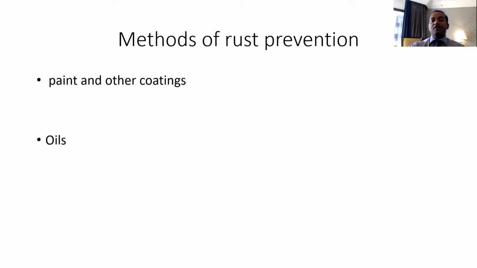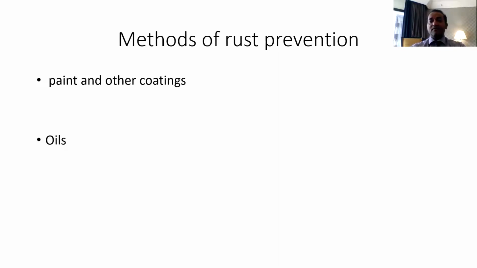The normal method that we use for rust prevention is painting. When we put a layer of paint, it becomes a barrier that stops the metal being exposed either to the air, basically oxygen, or to the water. Besides paint, there are also other coatings.